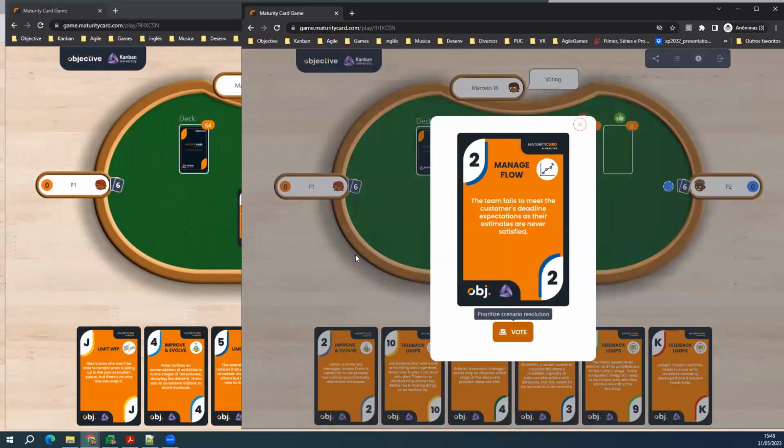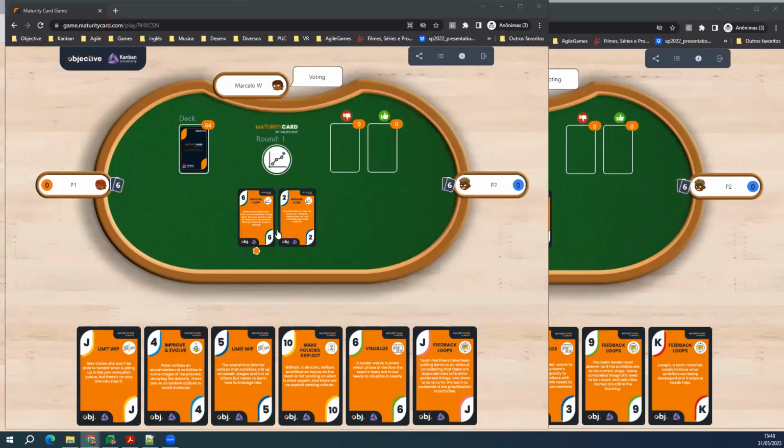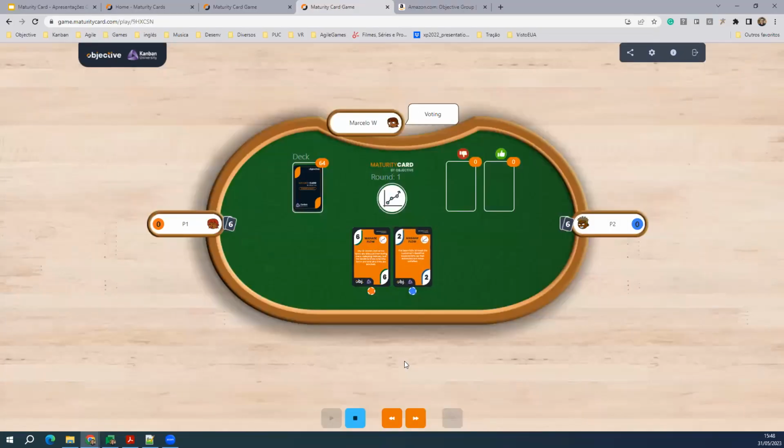And see that they don't see the vote from the other player, so they don't get indications of the votes from the others, no influence from other votes, right? That's the idea. Next steps, vote closed, and we can start a new round.